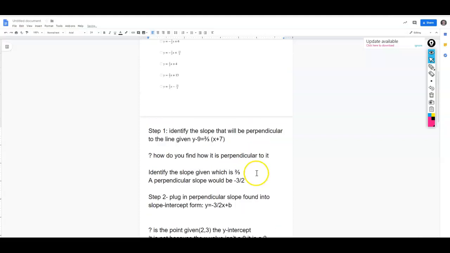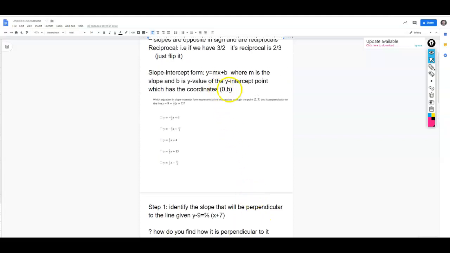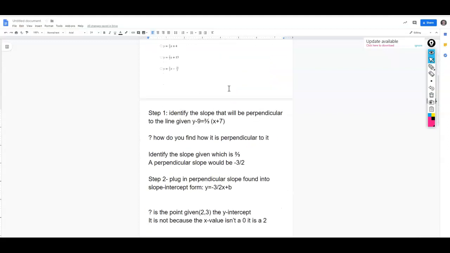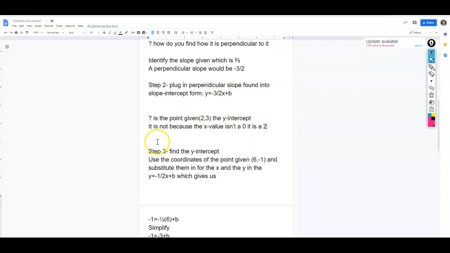That is comparing to this coordinate, because the y-intercept point will always have the coordinates (0, some value).